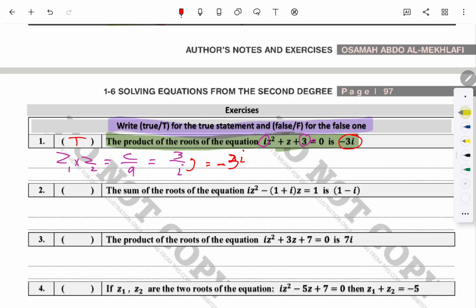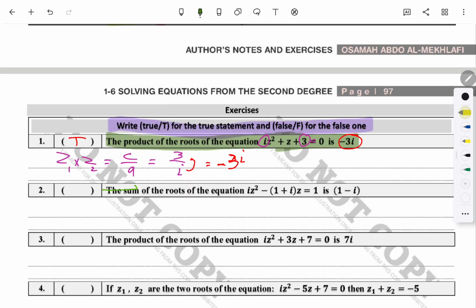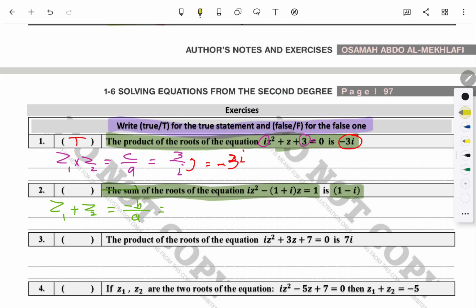Let's go to question 2 and think about the sum of the roots of the equation iz squared minus (1 plus i)z equal to 1 is 1 minus i. The rule of the sum is z1 plus z2 equals negative b over a. Go back to the equation and focus on b. You can see that b is the coefficient of z, which includes a negative and 1 plus i, and then a is the coefficient of z squared.